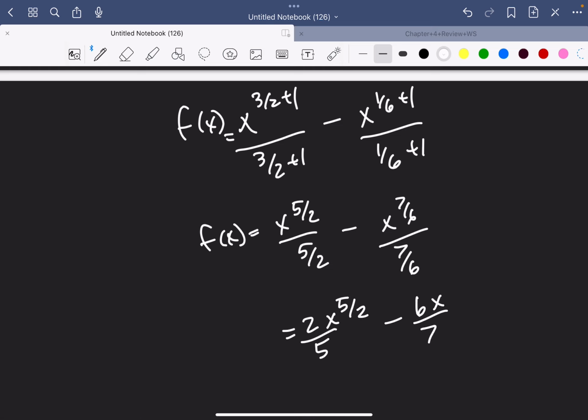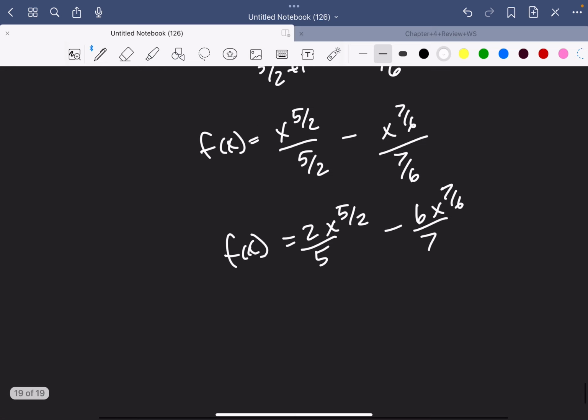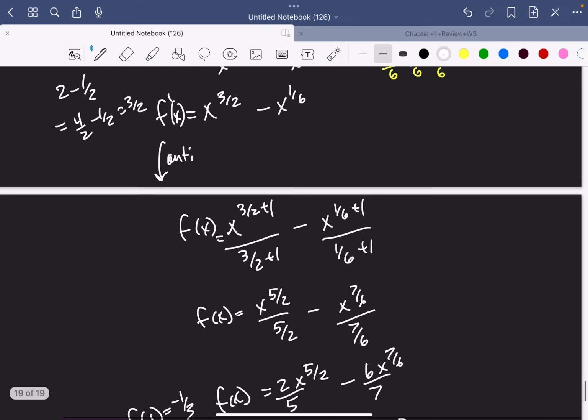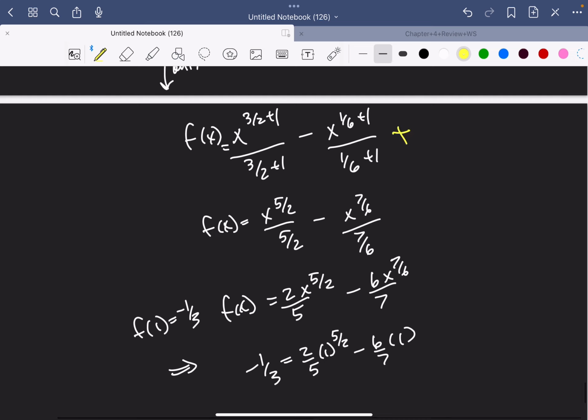Easy for me to say. And you get this, right? So what does that mean? Well, don't forget that we already said that f at 1 is negative 1/3. So you get negative 1/3 when you plug in 1. Back here, as soon as you took this antiderivative, don't forget we got a plus c, and that's what we have to solve for.